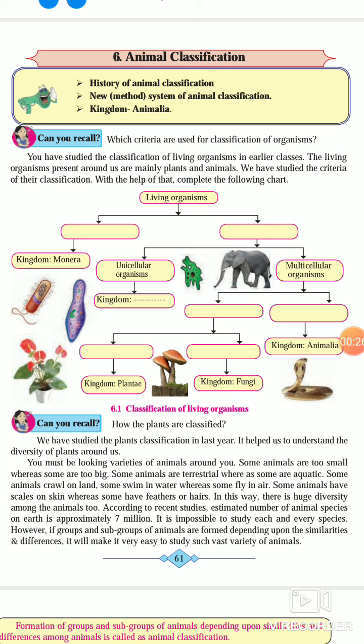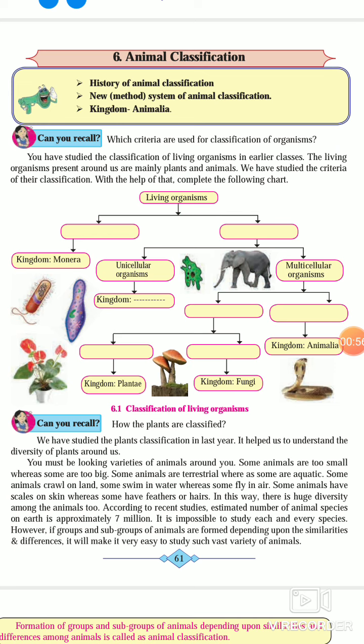So the question is, which criteria are used for classification of organisms? As we learned last year, how do we classify the plants? We used methods such as their structure, their function, their cells, or whether they are unicellular or multicellular, isn't it?